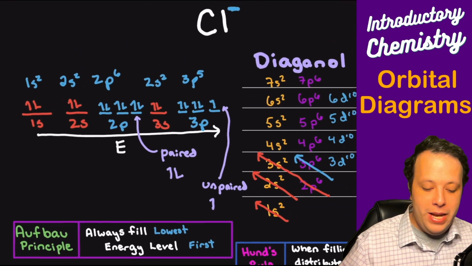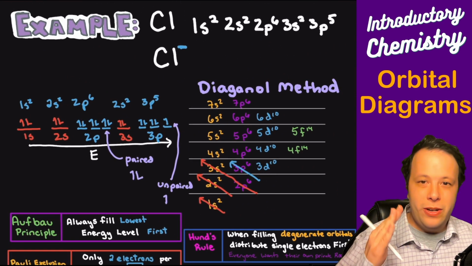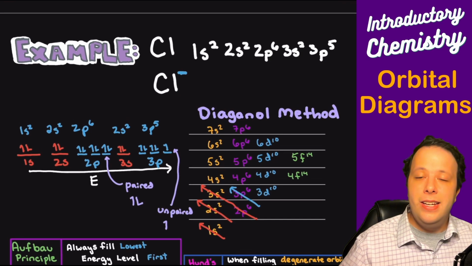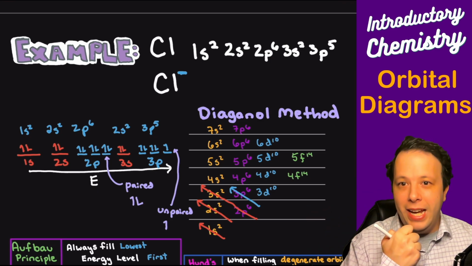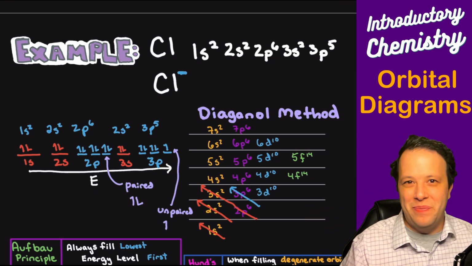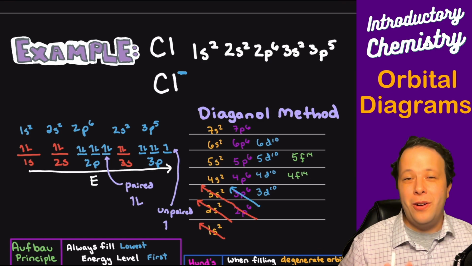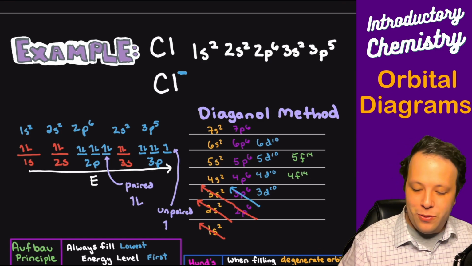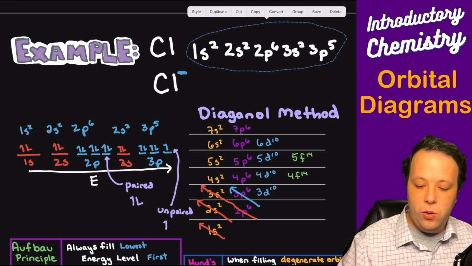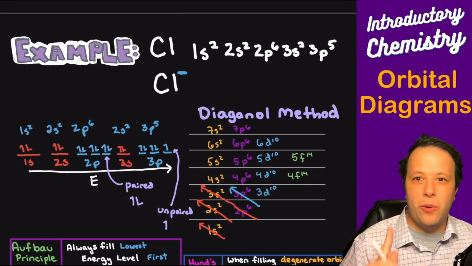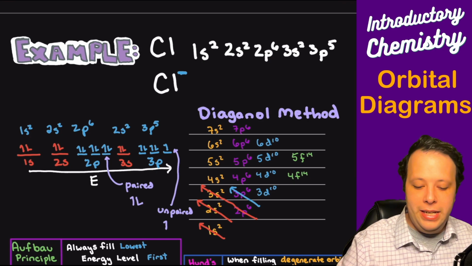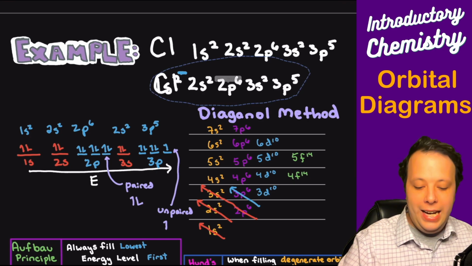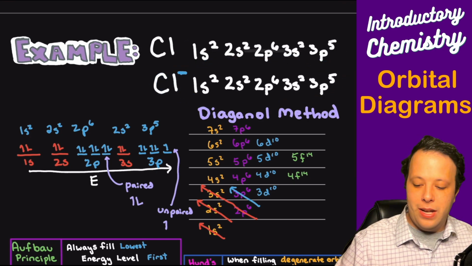Okay, so there's many different ways. Now, when you have an unpaired electron, it generally means that atom will have a tendency to either lose electrons to get rid of it, or gain electrons to get rid of it. They don't like having lonely electrons. They all want to have a partner. So for this one, I want to look at chlorine minus, right? So chlorine as an anion, and if you remember, anions are negative, meaning that we are going to be gaining an electron. So how would that happen?